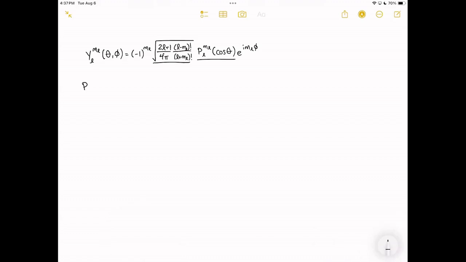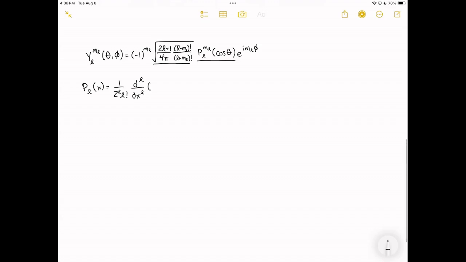So to start, we have to get the Legendre polynomials, and then we can associate them. So the Legendre polynomials follow this form here. So we have to take L derivatives, which seems scary until you remember that L is simply 2. So we can go ahead and plug in 2 here for L. That's going to give us 1 over 2 squared times 2 factorial times 2 derivatives of x squared minus 1 squared.